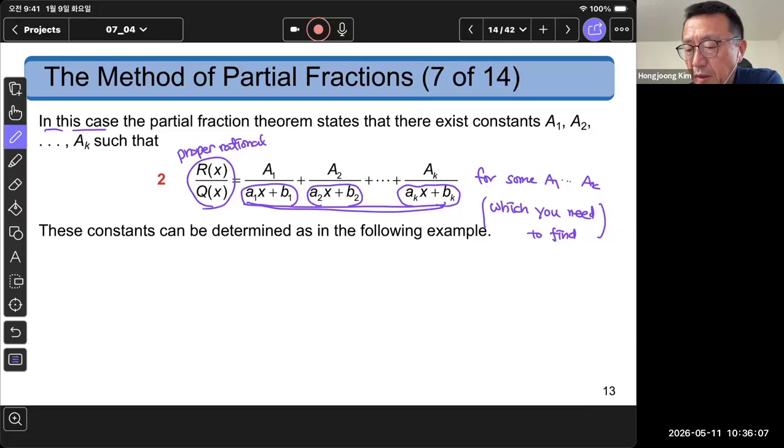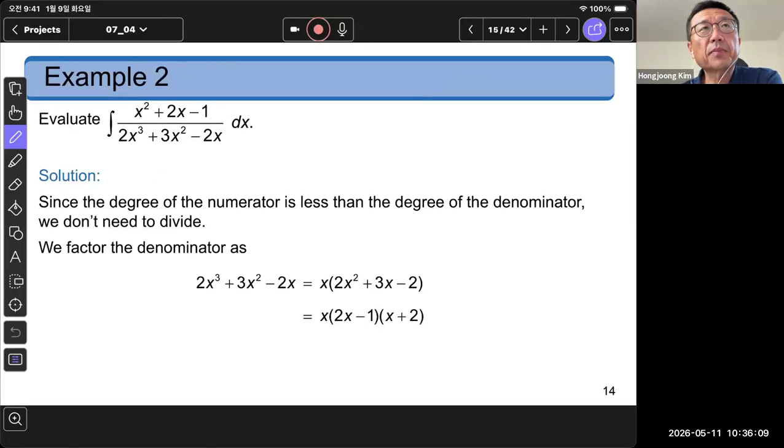Let me give some examples. Suppose that I have such an integral problem. Now the numerator is second order while the denominator is cubic order, so my rational function in this case is proper. Your next step is to factor your denominator into a product of linear or quadratic terms.